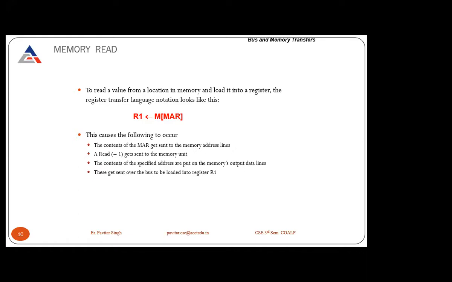So this is your AR, this is your M, and this is your read operation. These are your data output lines, which are further connected to DR, or in this case R1. So this is your read operation.